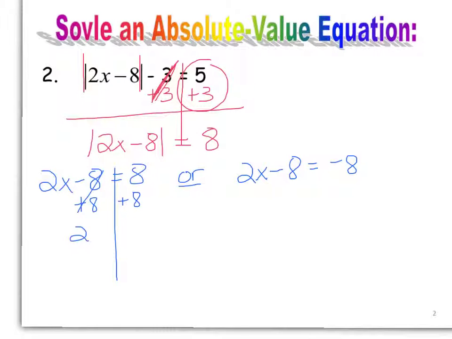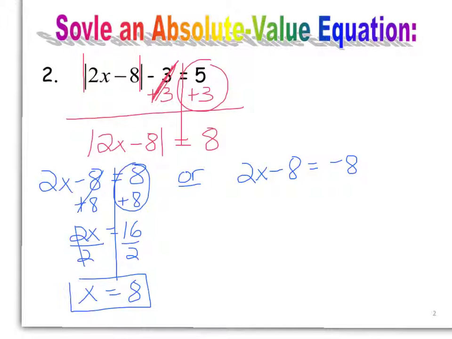These cancel out. We bring down our 2x. On the right, we have 8 plus 8, 16. Divide both sides by 2. Cancel out. So our first solution is 16 divided by 2, which gives us 8. So the solution to the first equation is x equals 8.